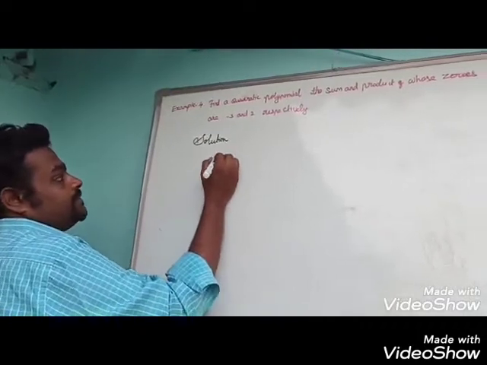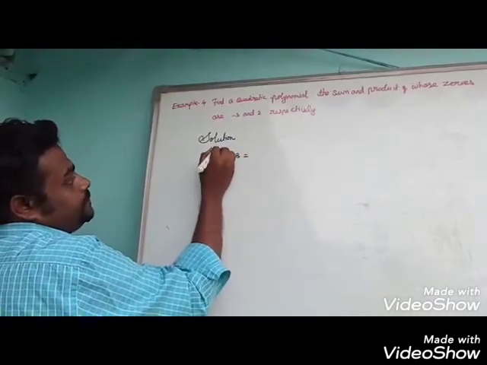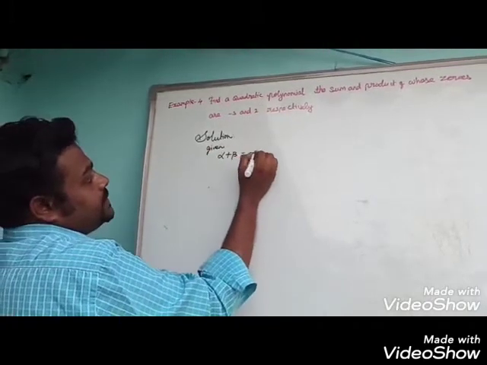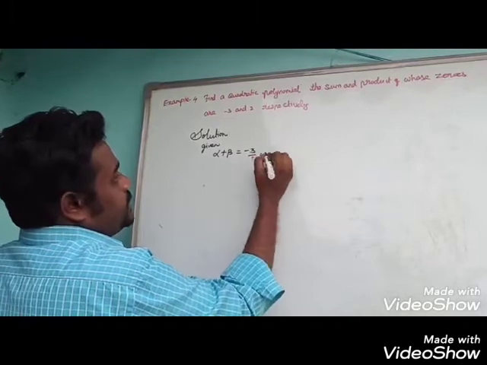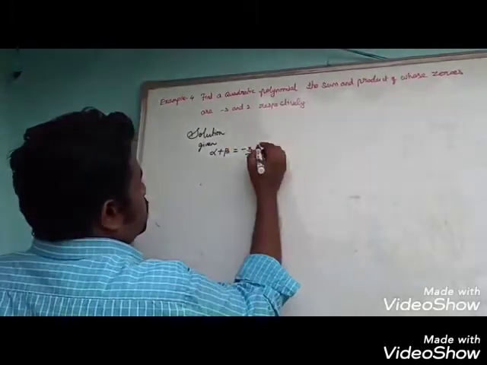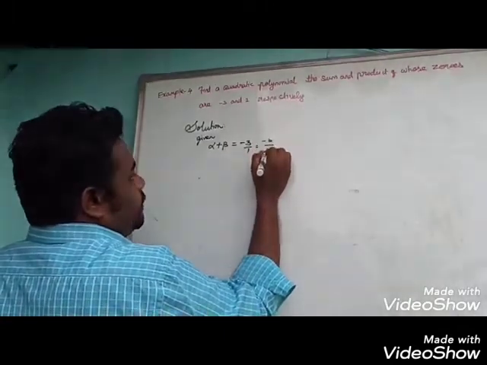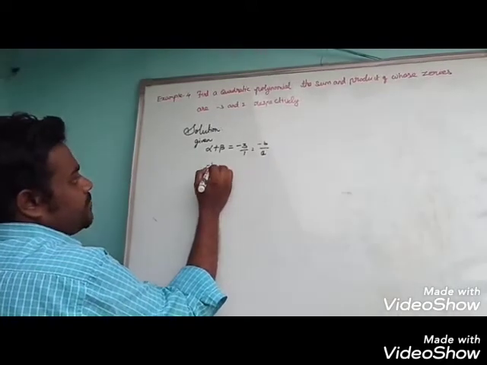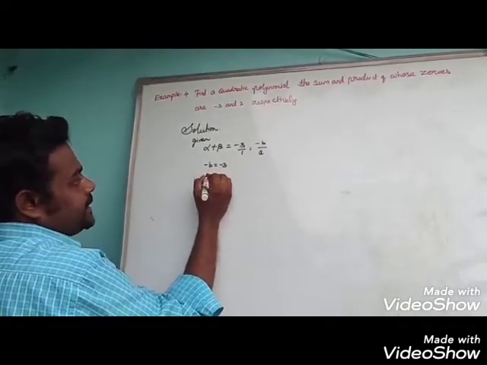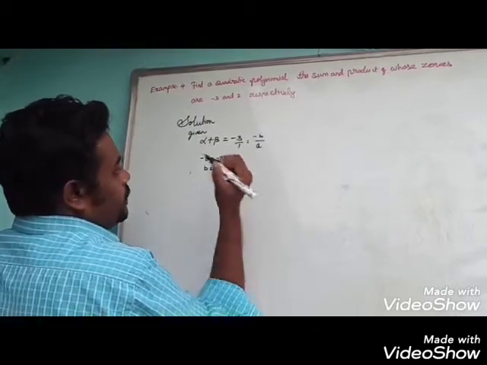Sum of zeros is given: alpha plus beta equal to minus 3 divided by 1, which is equal to minus b divided by a. In this case minus b is equal to minus 3, so b equal to 3 and a equal to 1.